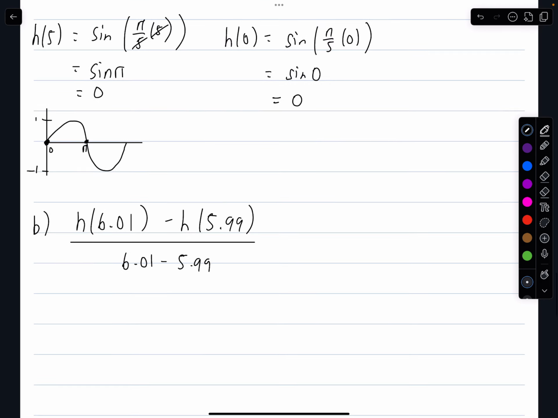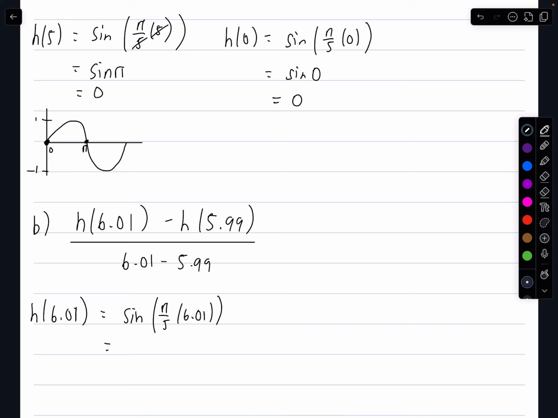So h at 6.01 is going to be equal to sine pi over 5 times 6.01. And then here we can just plug this into our calculator.